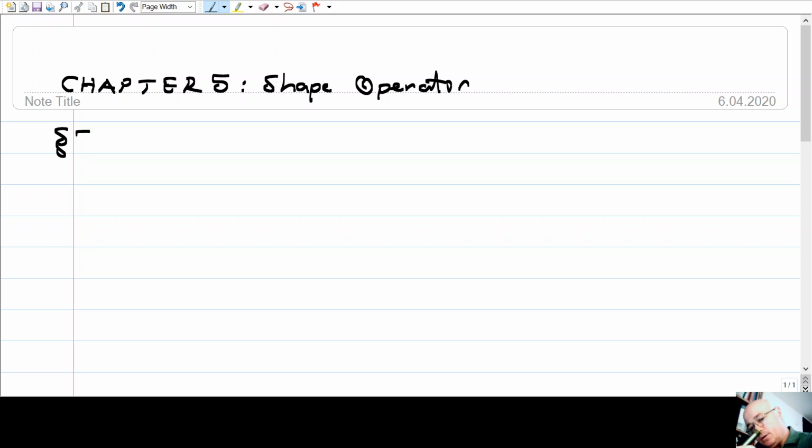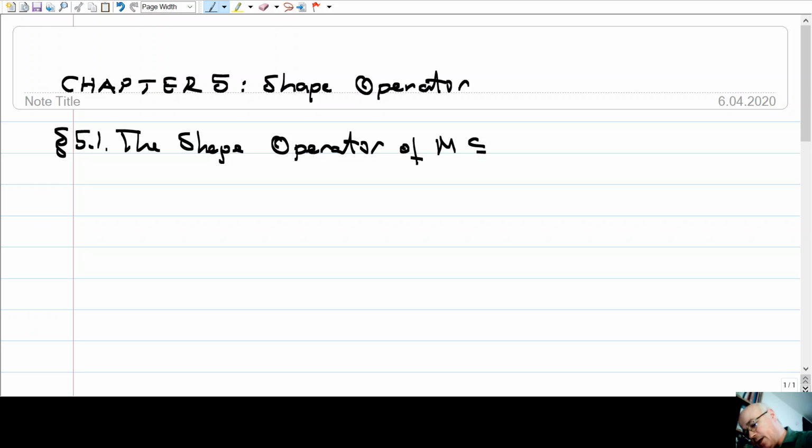And the first section is the shape operator of a surface M in R3. Okay. Well, first we need a reminder.